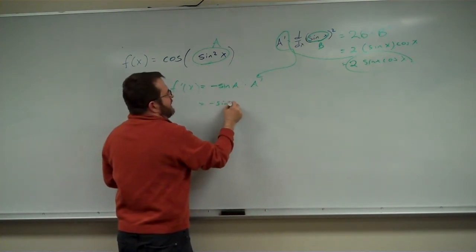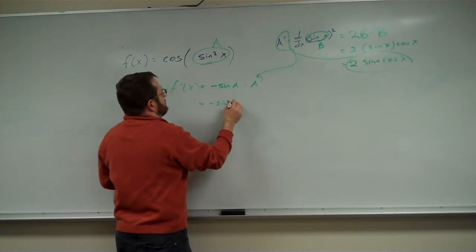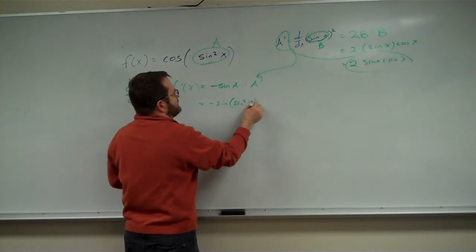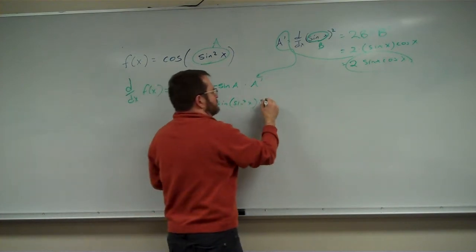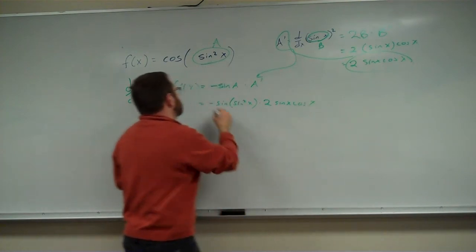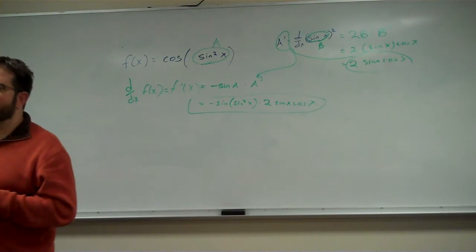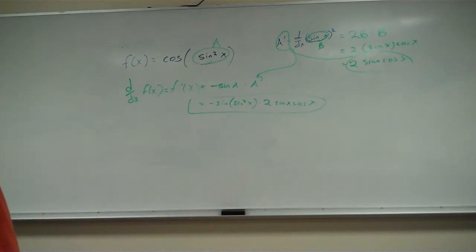Negative the sine of a, and let's replace that a with sine squared x, and then that a prime, 2 sine x cosine x. Oh my god, what a mess. I just made that problem up. There would necessarily be better examples and so on.